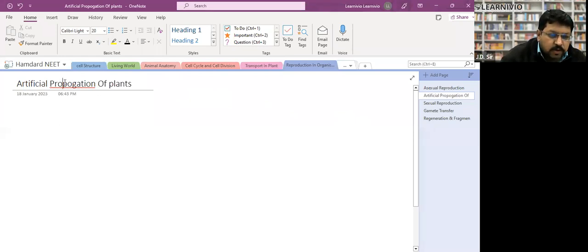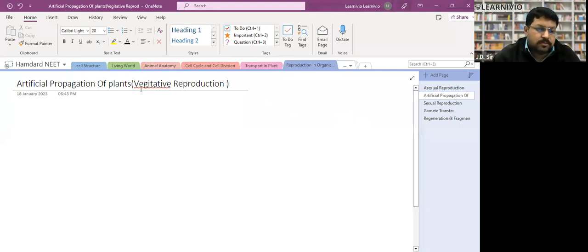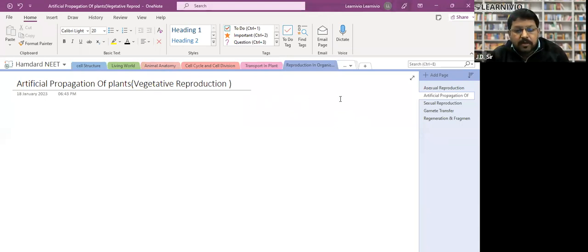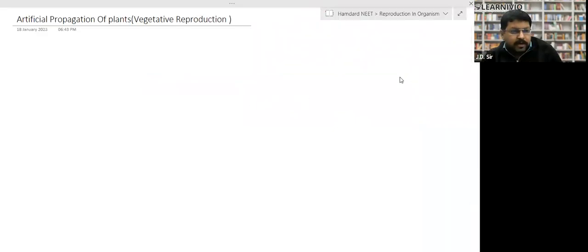That is artificial vegetative reproduction. So put the heading like this: artificial propagation or artificial vegetative reproduction. So start writing down.